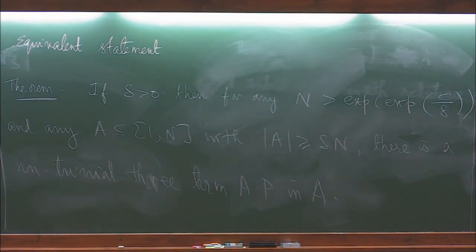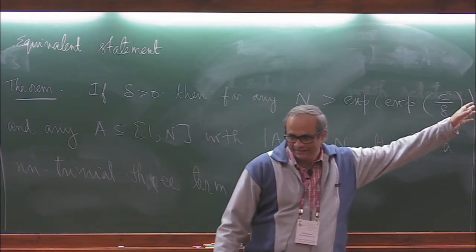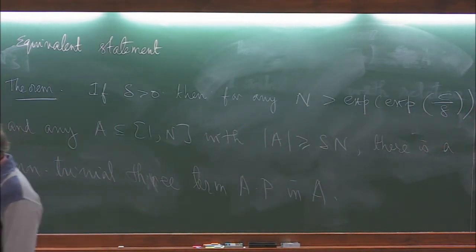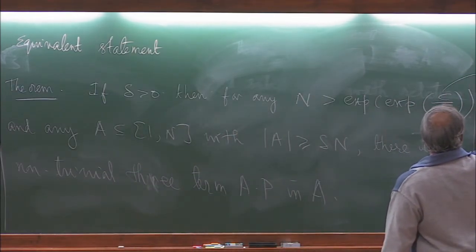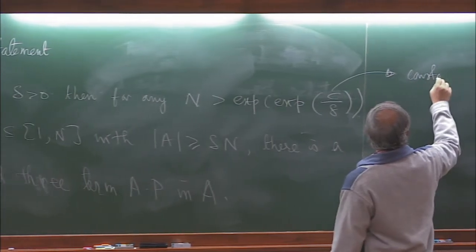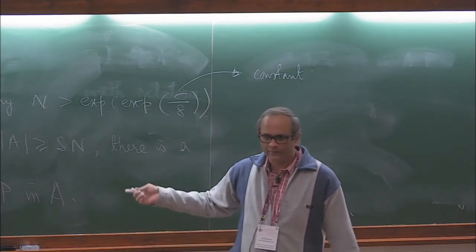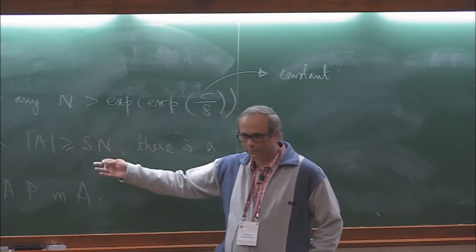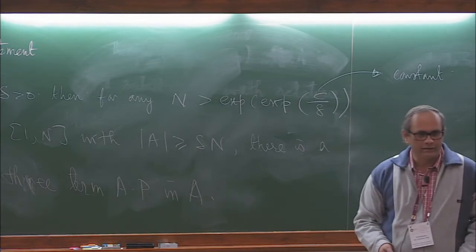Okay, so C is just a constant. Like here, this implied constant, there's just no similar notation when you double exponentiate, so you have to put a C. Here the notation allows you to take the C into it, but there's no corresponding notation. So here C is some constant. What this says is that if A has more than a positive proportion of the integers from 1 to n, then A automatically contains a non-trivial 3-term AP.